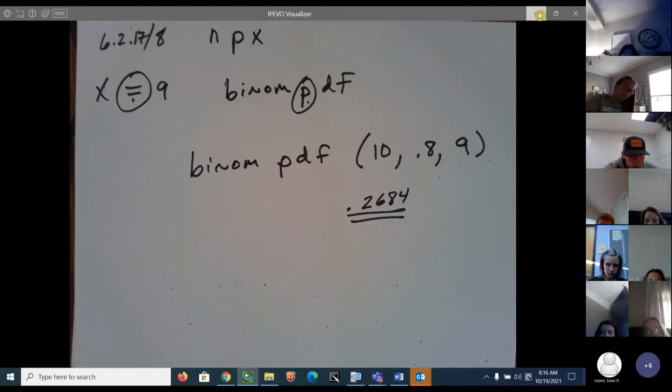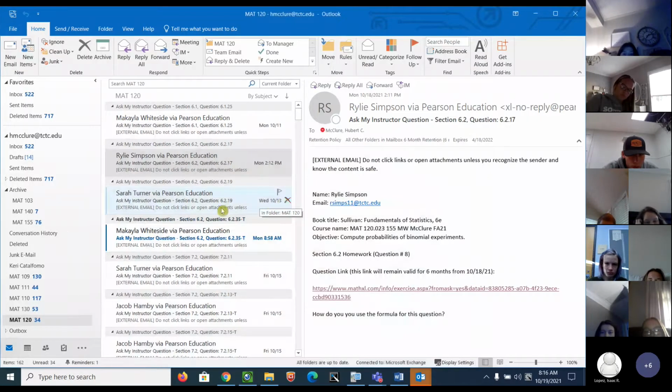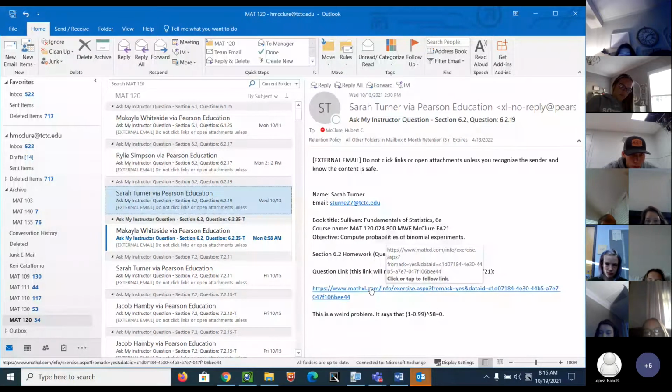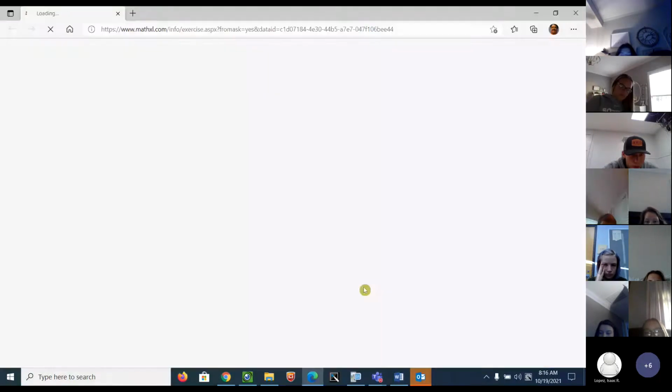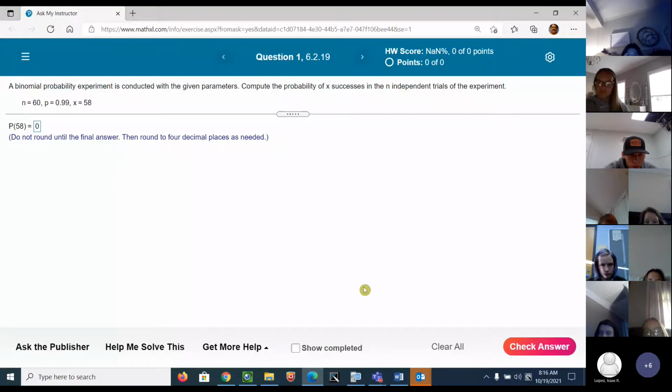6.2.19/9. Same thing. Since it has x is equal, you're going to use binomial PDF. So that's going to be the same thing, binomial PDF, and 60, .99, and 58. Sorry.